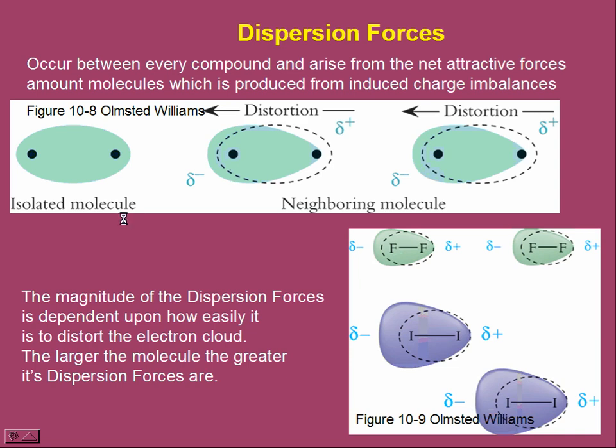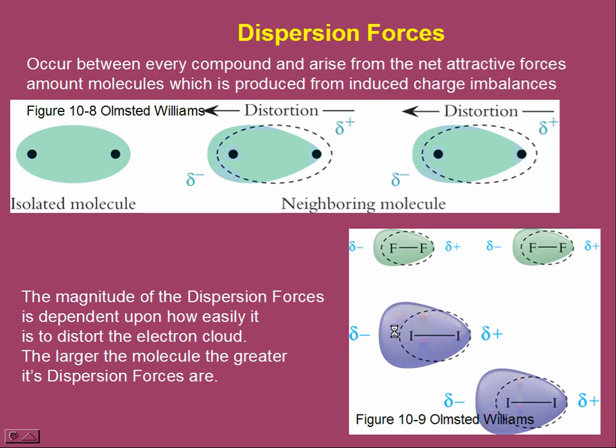I gave the example, and they're going to talk about this little picture here. It talks about the electrons moving really fast, and sometimes they're moving so fast that the molecule will get lopsided. So there might be an instant where there's more electrons on one side than the other, and that's what they're showing here with this lopsided thing, that it got slightly lopsided.